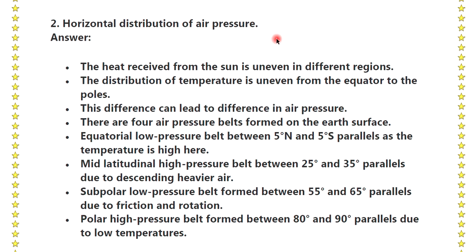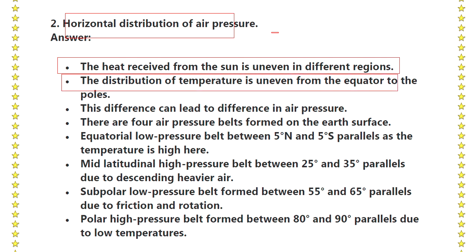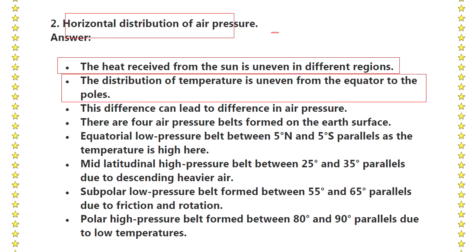See the next short note: horizontal distribution of air pressure. First point, the heat received from the sun is uneven in different regions. Second, the distribution of pressure is uneven from the equator to the poles. Third point, this difference leads to the difference in air pressure. Fourth point, there are 4 air pressure belts formed on the earth's surface.